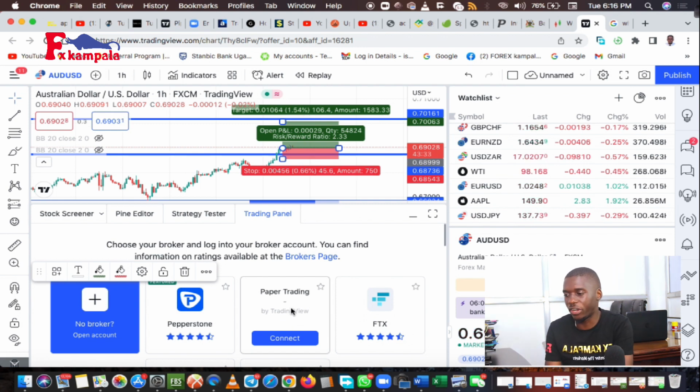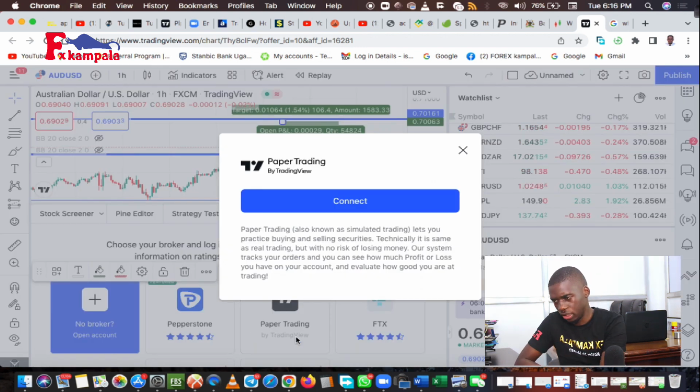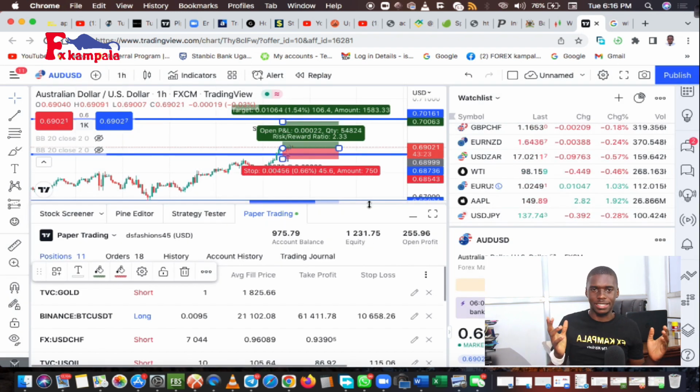When it comes to paper trading, just click on connect. When you click on connect, it brings this option where you need to connect still. When you connect, it will create a demo account for you, which in this case they call a paper account. A paper account is just a demo account that you're going to use to start trading.